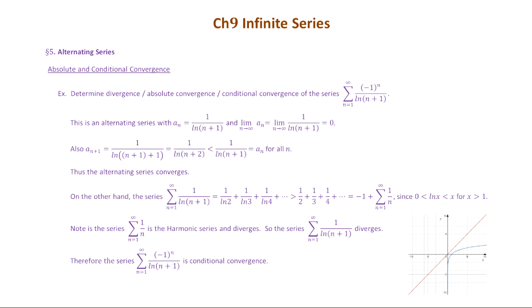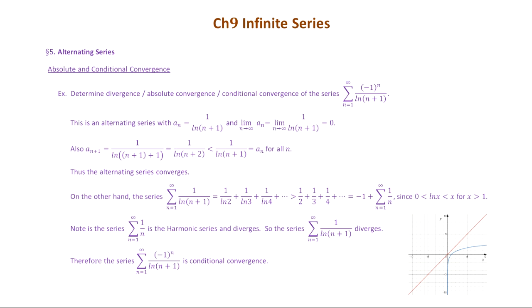And then you can easily find that the sum 1/2 plus 1/3 plus 1/4 is just the harmonic series without the 1. So if you include that term 1, that becomes the harmonic series. So this sum is -1 plus the harmonic series. All right, and then the harmonic series diverges.